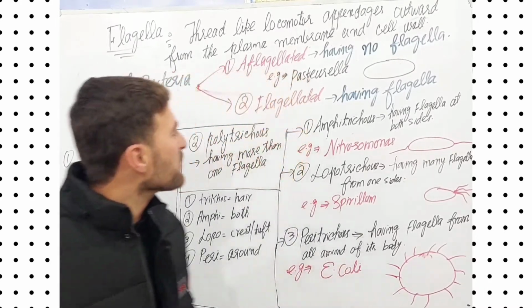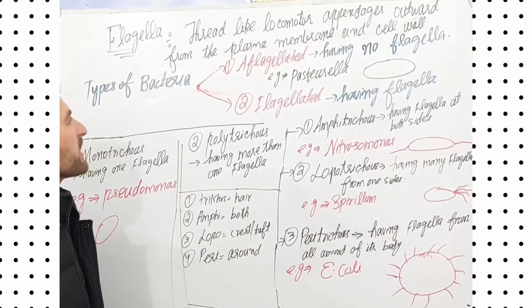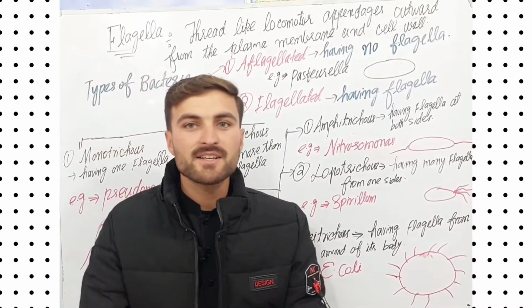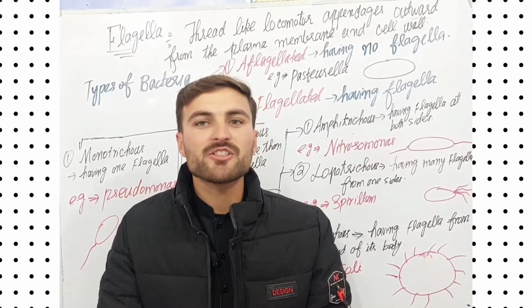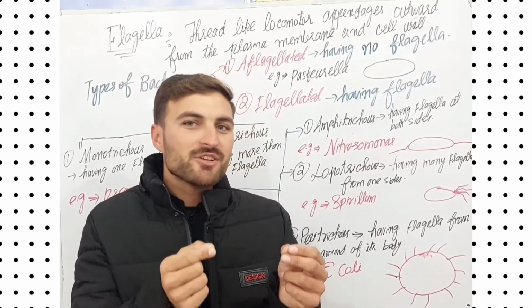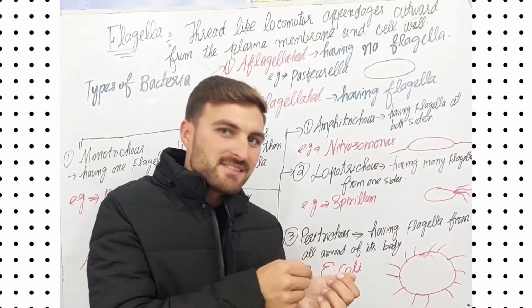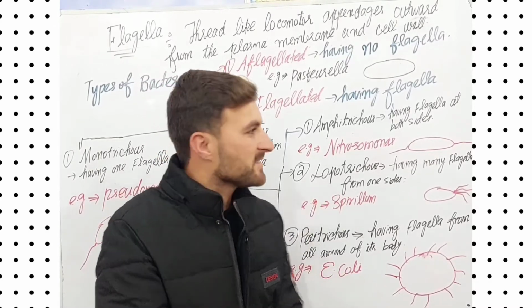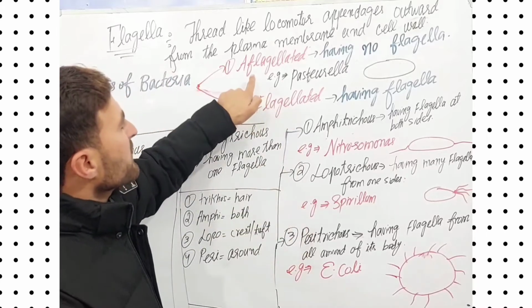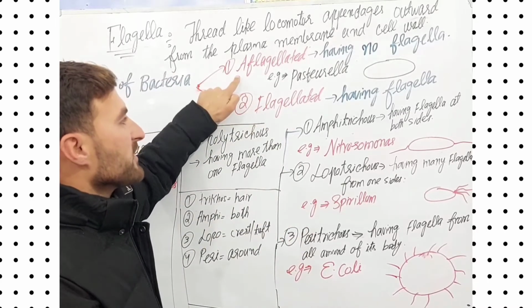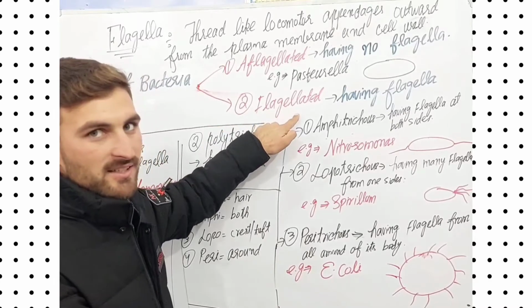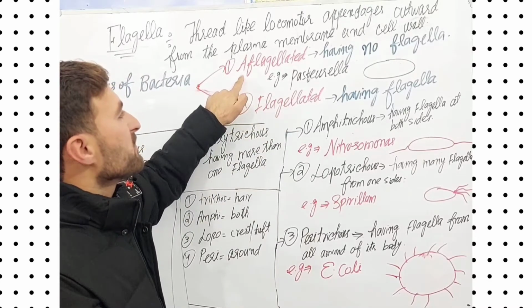Now let's discuss the types of bacteria. As I have already said, this division is on the basis of whether the flagella are present or absent in a bacterium. So let's discuss this. The first one is aflagellated and the second one is flagellated. What does this mean?